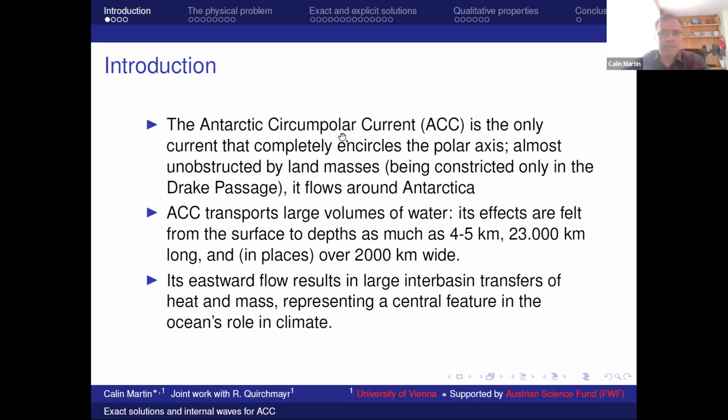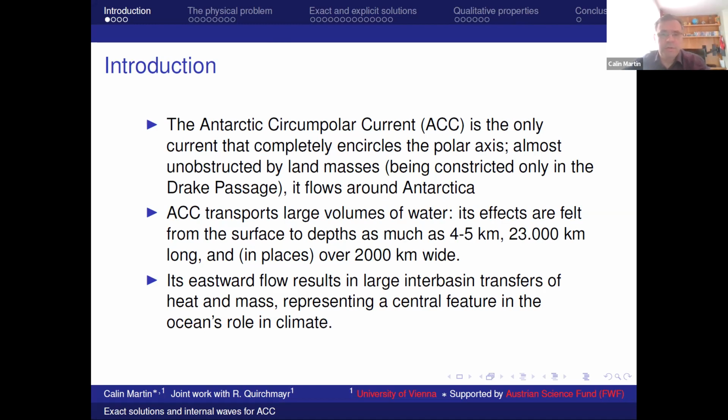It flows almost unobstructed by land masses, being constricted only in the Drake Passage, flowing around Antarctica, and its massiveness is reflected by the large volumes of water that it transports, and these effects are felt from the surface to deep down as much as 4 to 5 kilometers. ACC is about 23,000 kilometers long, and in places it may extend over 2,000 kilometers.